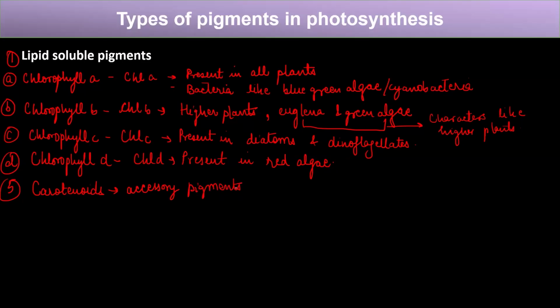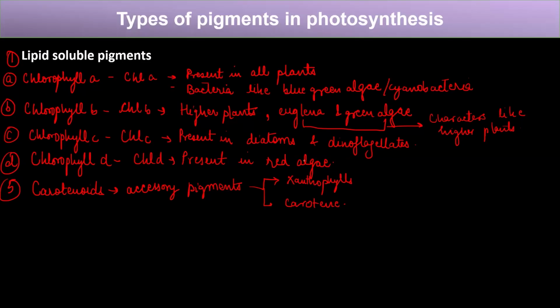These accessory pigments, or carotenoids, are of two types. The first one is known as xanthophylls, and the second one is known as carotene.